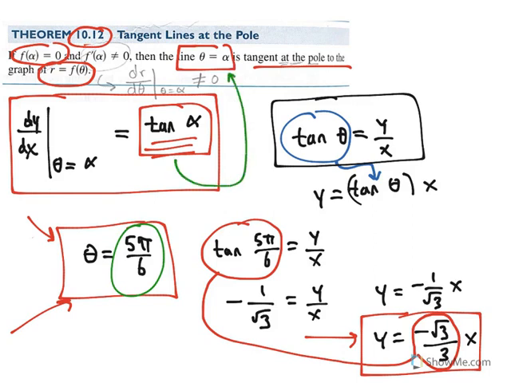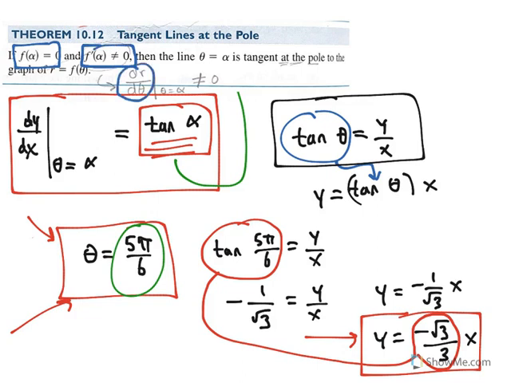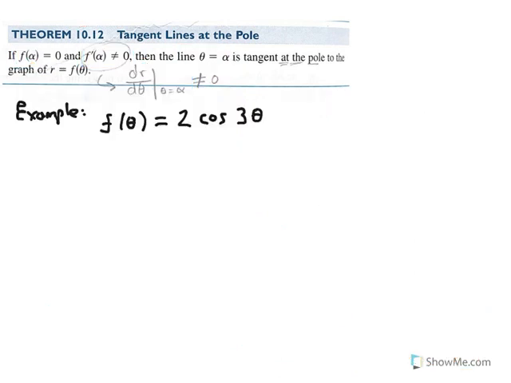So basically, this leads to the conclusion, which is really simple. If you have a point at the pole and the derivative of your polar equation with respect to theta, dr d theta, at theta is equal to alpha is not equal to 0, then the line theta is equal to alpha, the angle that gives you the point at the pole, is tangent at the pole to the graph of the polar equation.